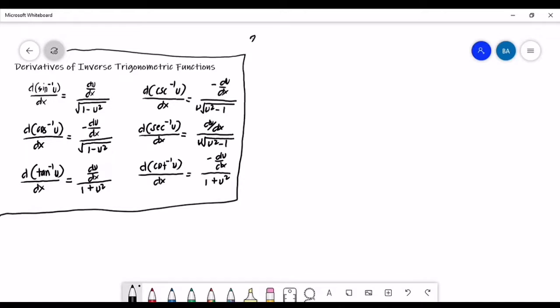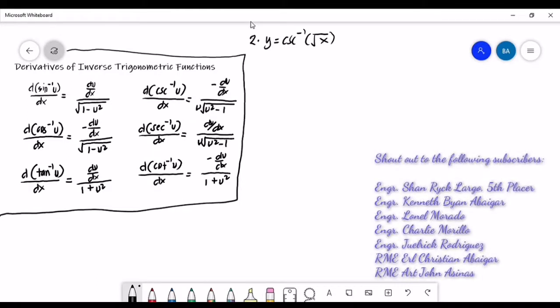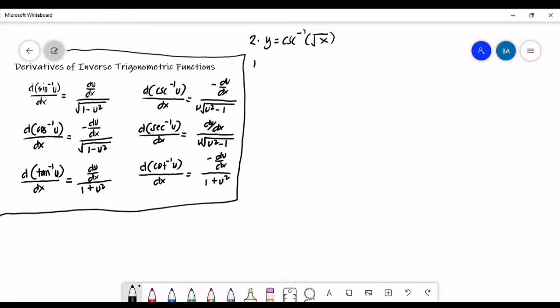Our example number 2, we have y is equal to the arc cosecant of the square root of x. We can say that this equation falls under the derivative of inverse trigonometric functions because it has an arc cosecant. First step is we let u equal the square root of x. Let's derive it directly.